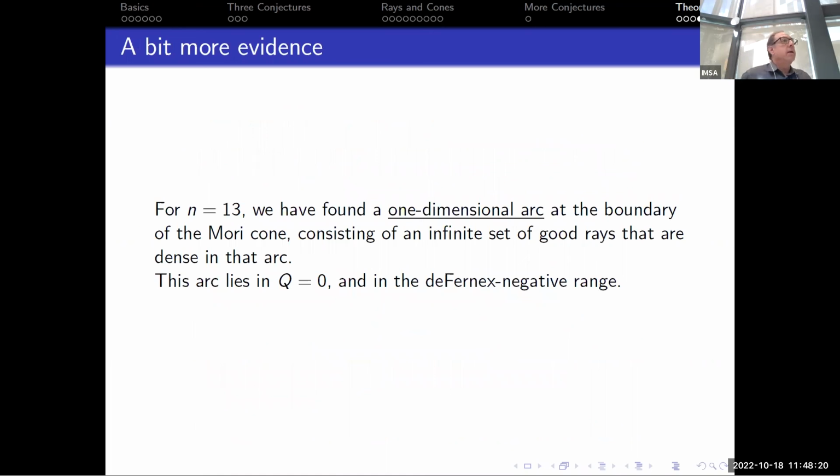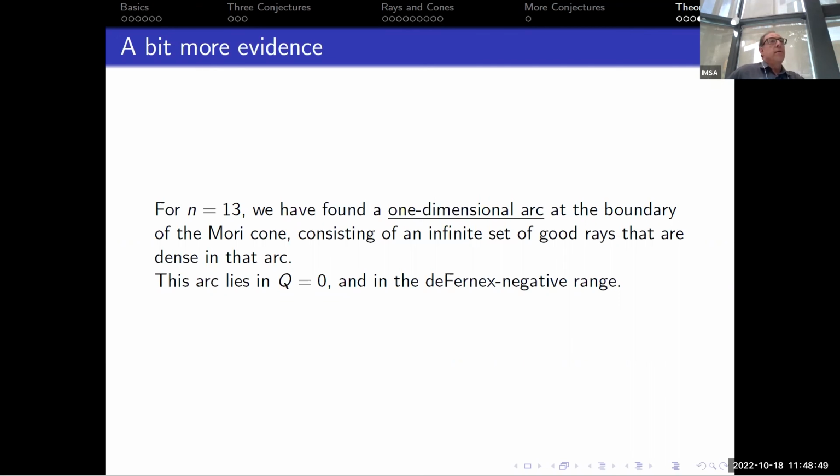Now, one additional thing. So in this way, I showed you an example. We got one single ray out of this technique. Just over the winter, just last February, we not only found these isolated wonderful rays, but in the 13 case, we were able to find a one-dimensional arc at the boundary of the Mori cone consisting of all good rays, okay?